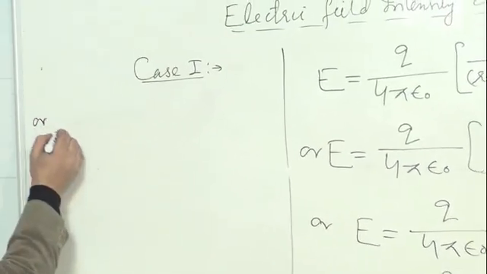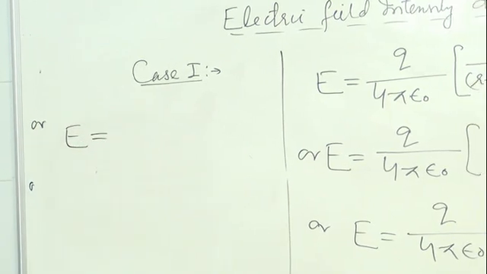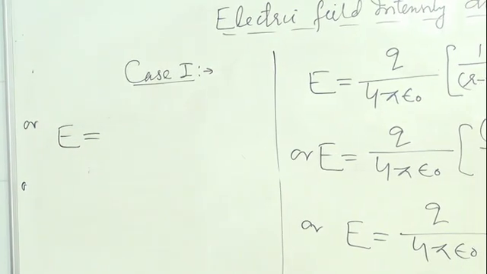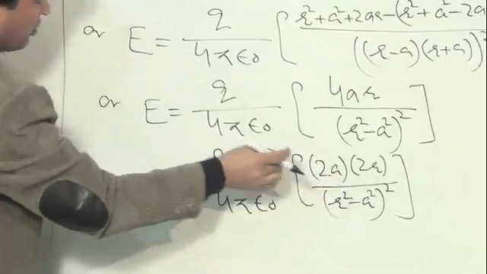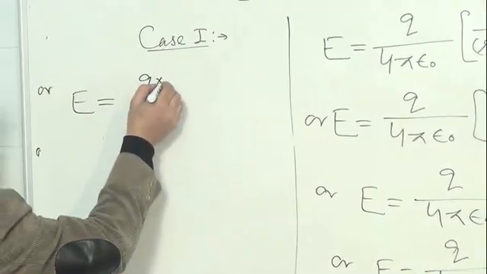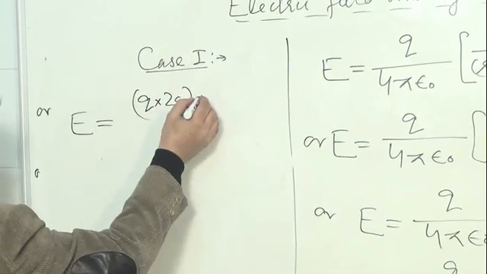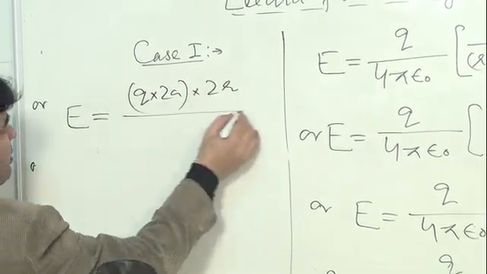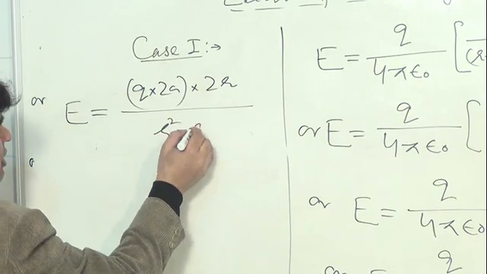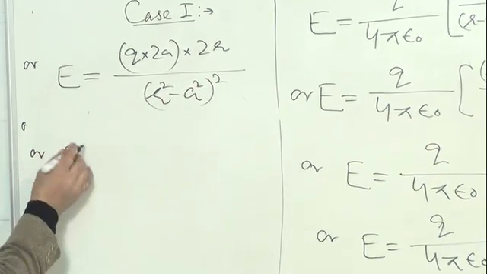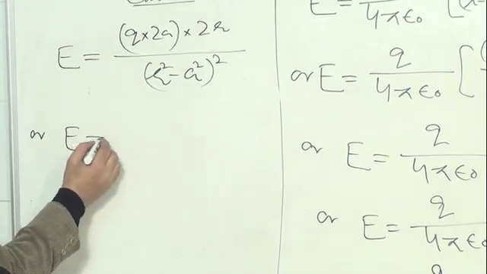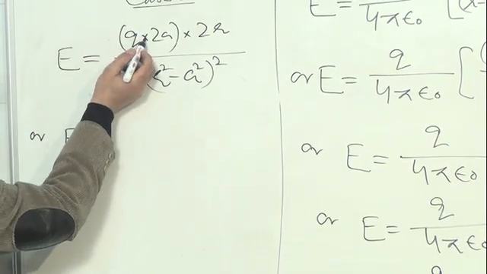Or E is equal to, the expression will be written like this: Q into 2A into 2R by (R square minus A square) whole square. E is equal to Q into 2A.